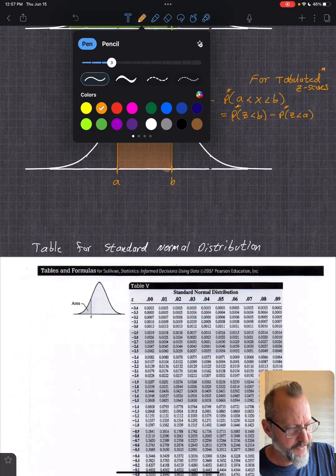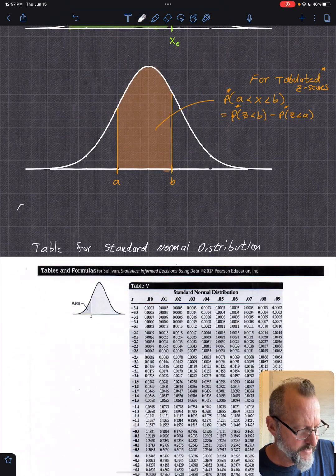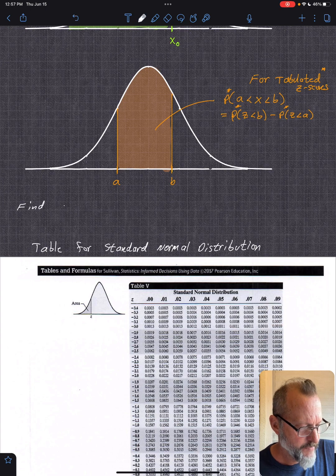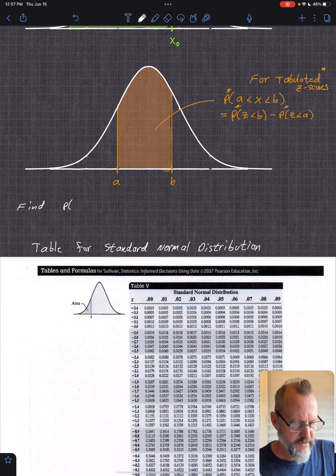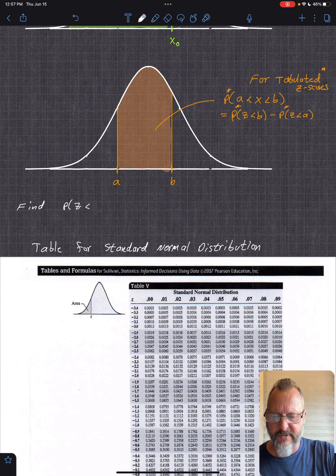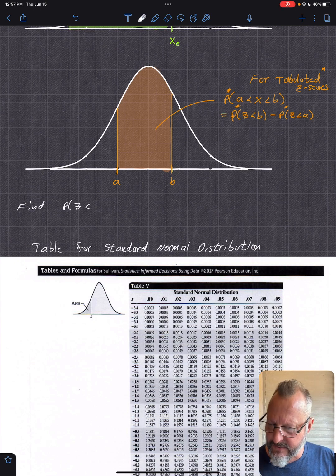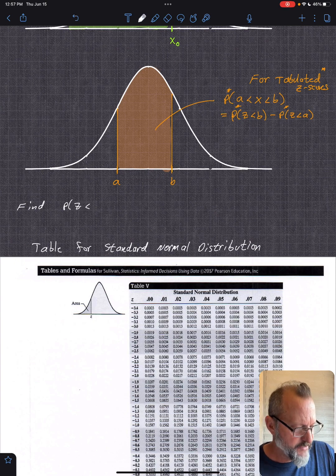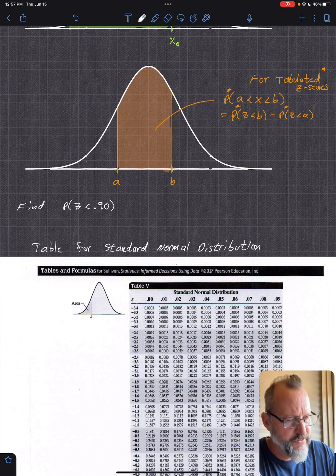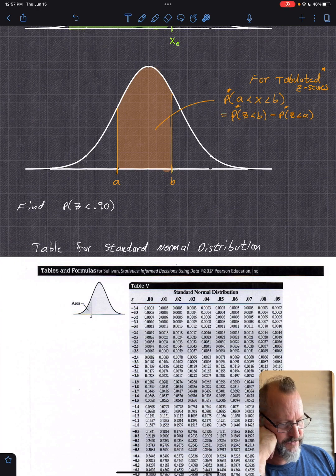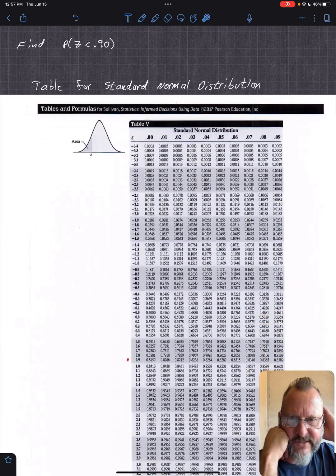So let's do an example, and let's see. So let's just do it here. So find the probability that z is less than, and I picked a couple examples. They go through how to do that, but I'm just going right to the examples. So probability that z is less than 0.90. Then what you do is you go to the tables, and that's z, so that's a z-score.